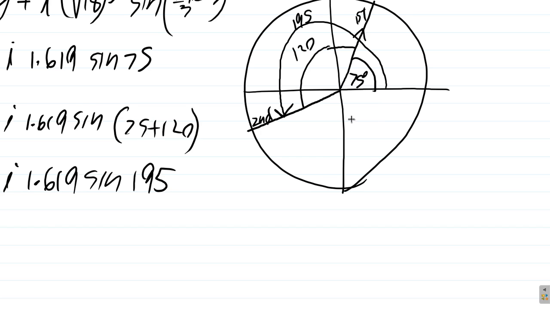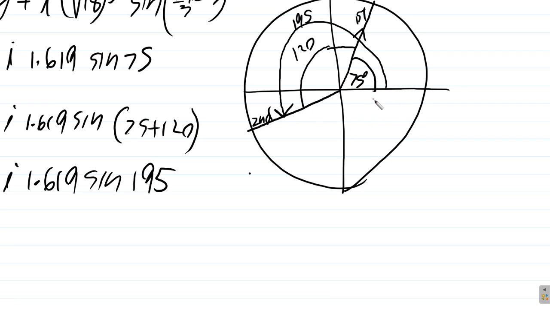So you have 75, you swing 120 degrees, and there's another 120 degrees from this.